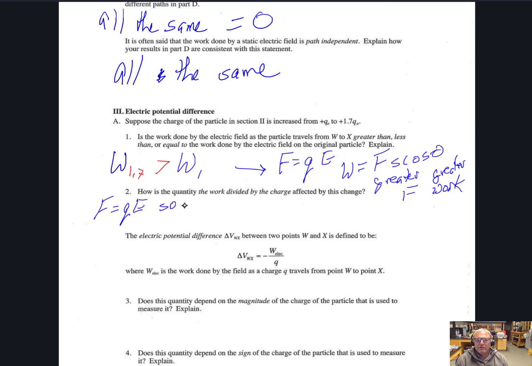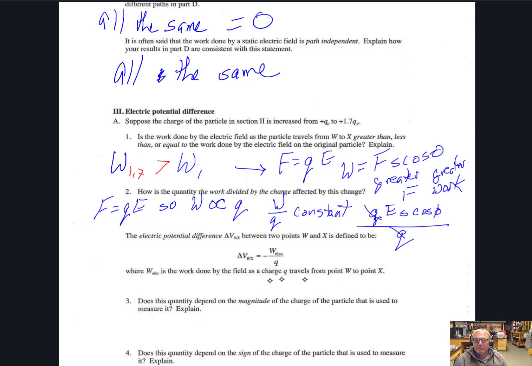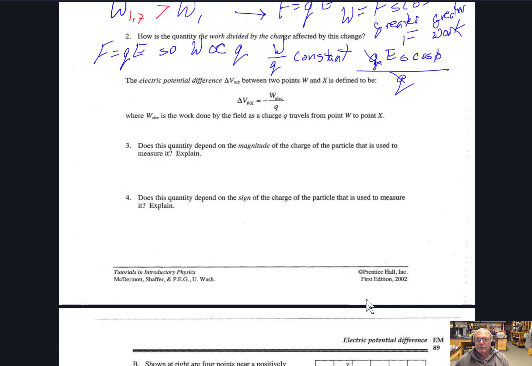So work is proportional to Q. So if we take work over Q, it's constant, because we're going to have Q E S cosine of the angle divided by Q. Okay, the electric potential. And this is the work per charge.